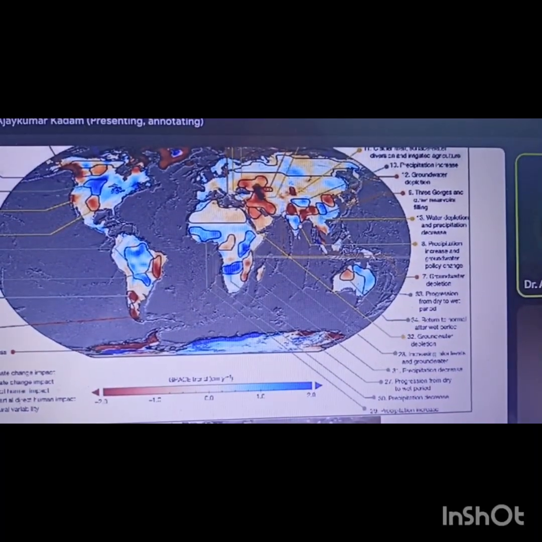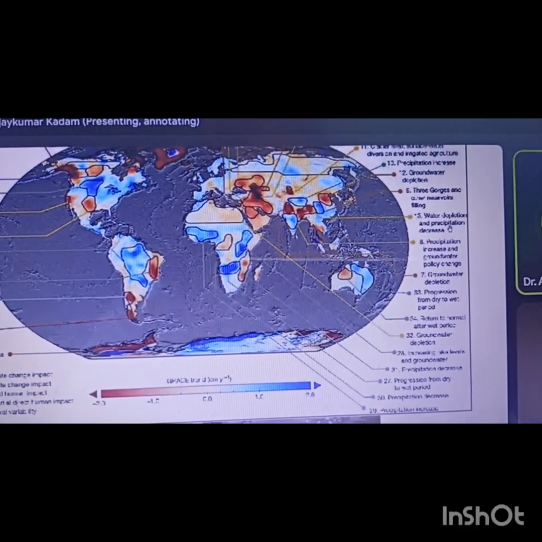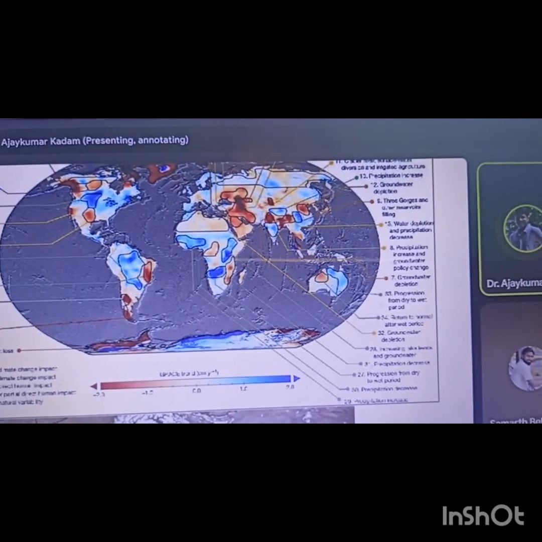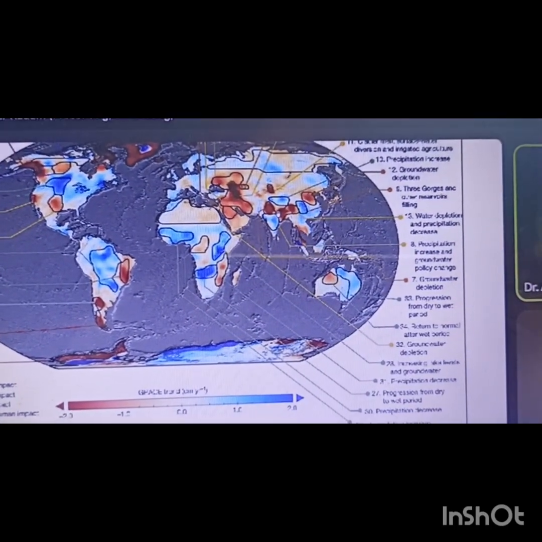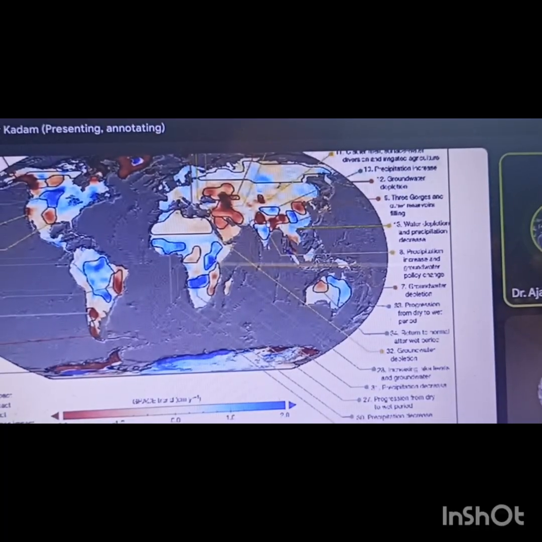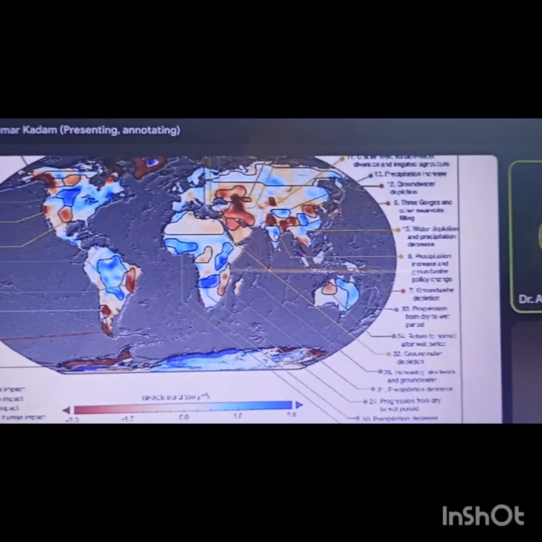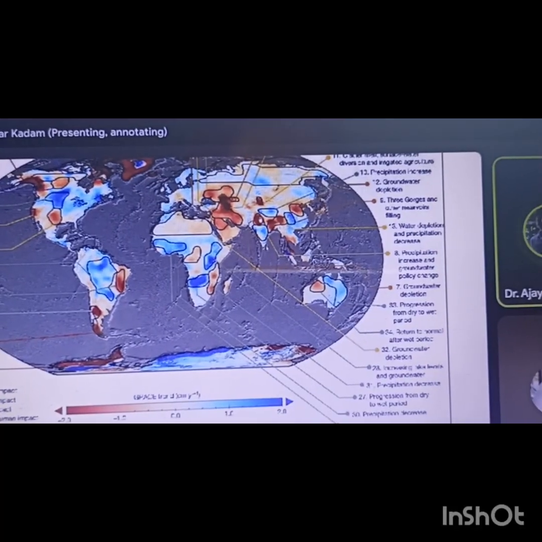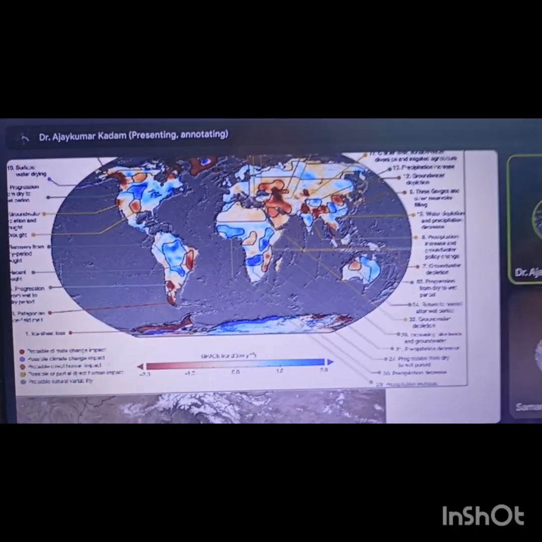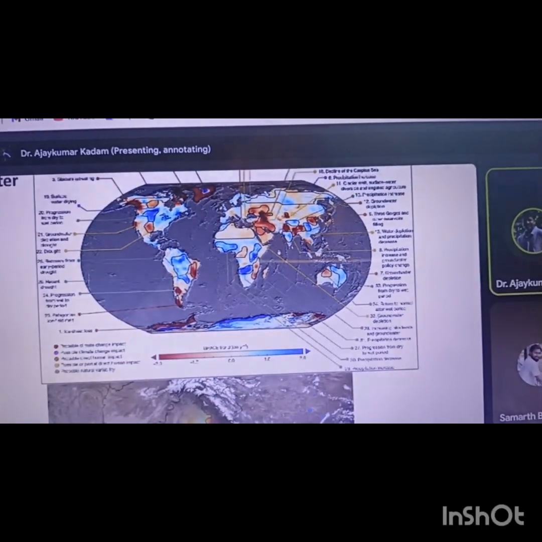In this area of the Indian subcontinent, groundwater is depleting and precipitation is also decreasing. All this information, a synoptic view, you can easily get for the Indian subcontinent. Here also you can see the groundwater depletion is happening. Similar studies have happened with the help of GIS and remote sensing.